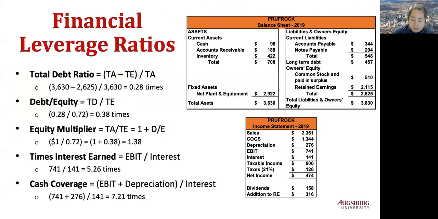That's why the equity multiplier is simply 1 plus the debt to equity ratio. For this case, 1 plus 0.38 is 1.38. Again, these three measures move in the same direction. If these are higher, then you have higher debt.